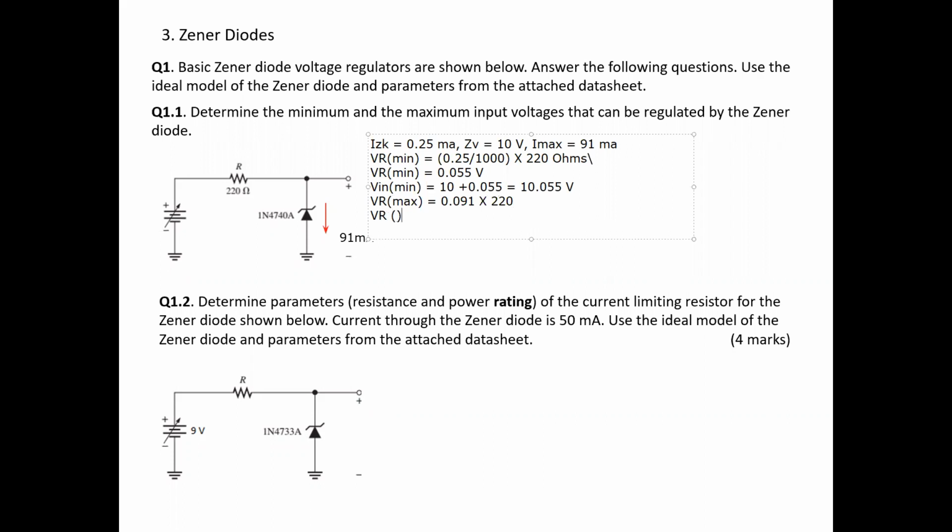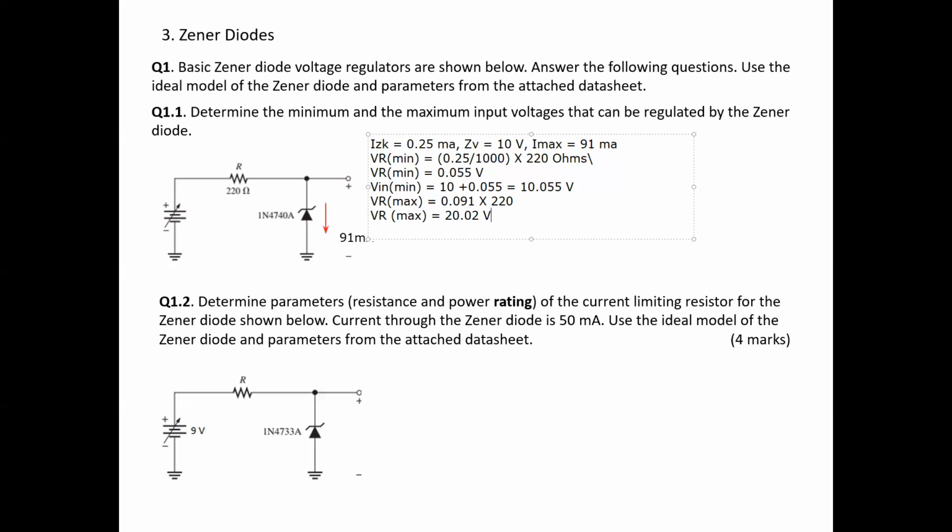V R max is equal to, if you multiply these two, 0.091 times 220, you will get 20.02 volt. We can have this much voltage difference when we have 91 milliampere current flow through this resistor.